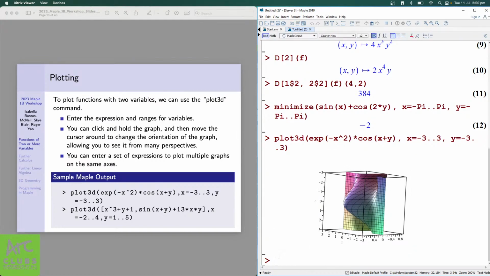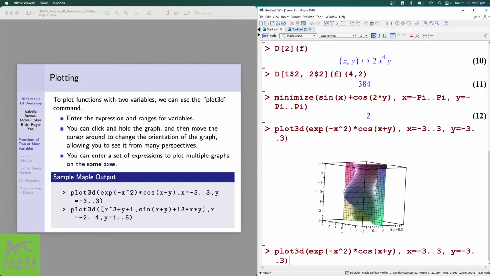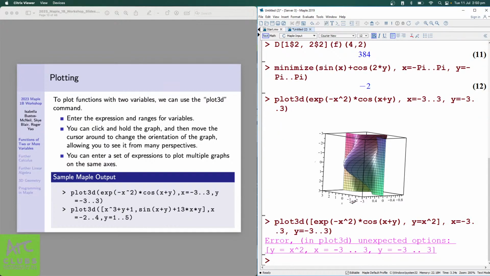We can also plot multiple graphs on the axes, and we just enter them as such here. But instead of the one input, we can input them as a list. So undo those, and then say we also want to plot y equals x squared. Is that not liking it?